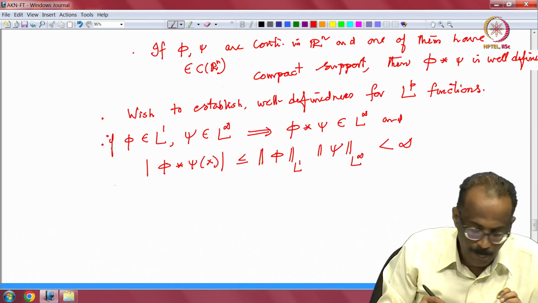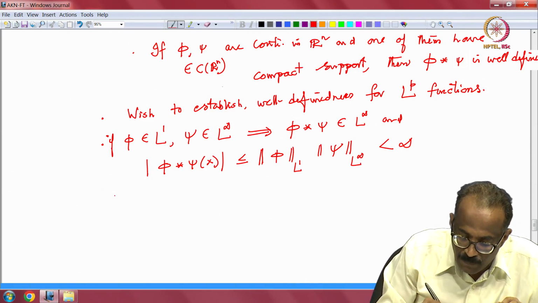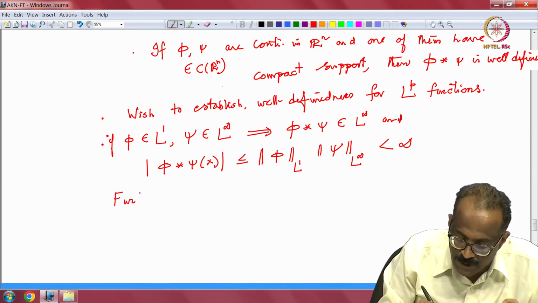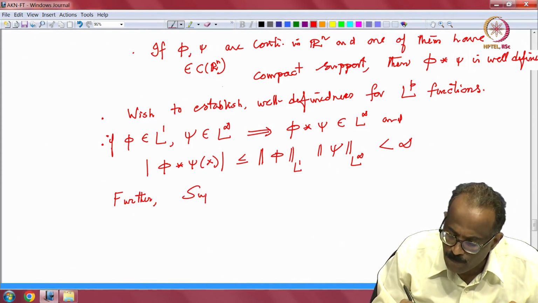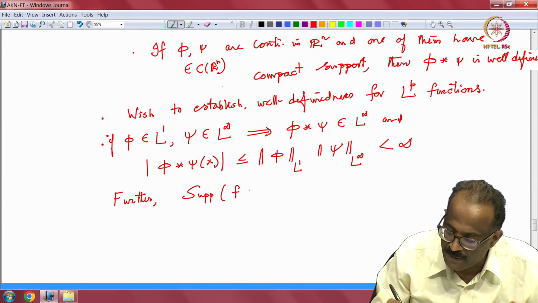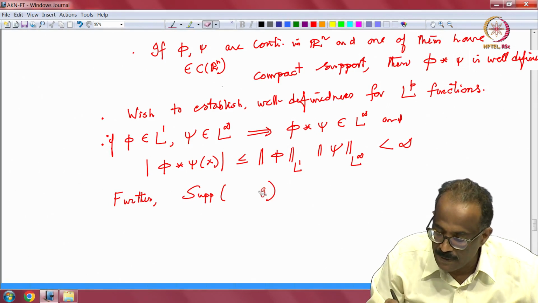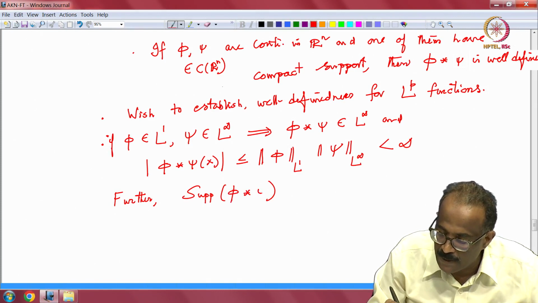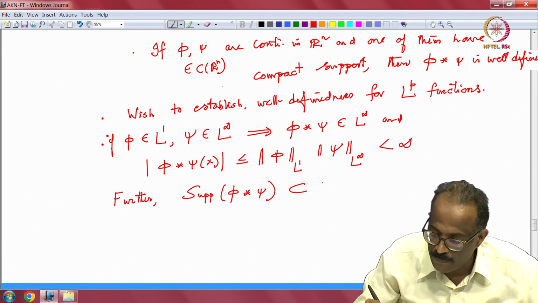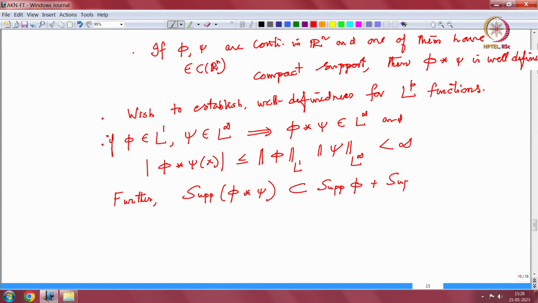Further, if they have compact supports, you can verify that the support of phi star of psi is contained in the support of phi plus the support of psi.